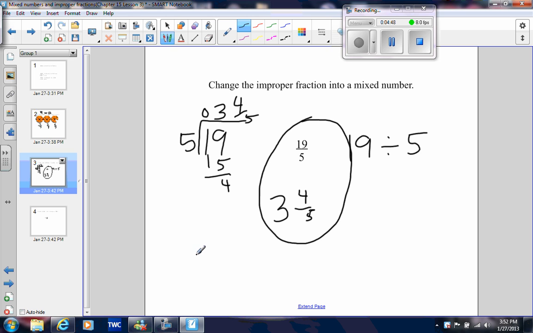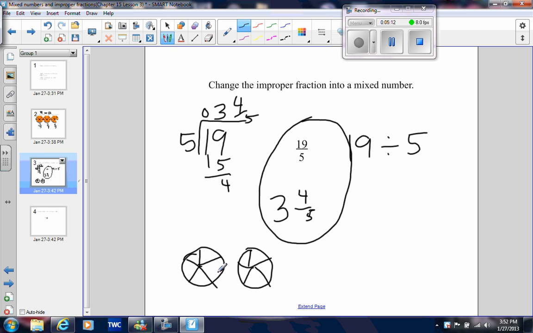All right, just a chance to see it then. We've got there's 5 fifths right there. There's another 5/5.